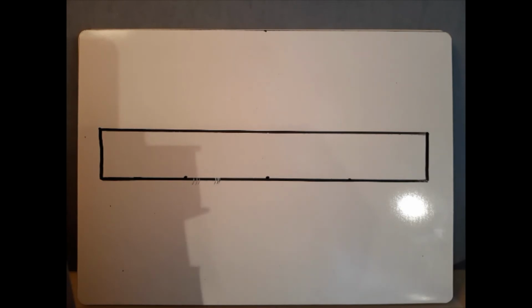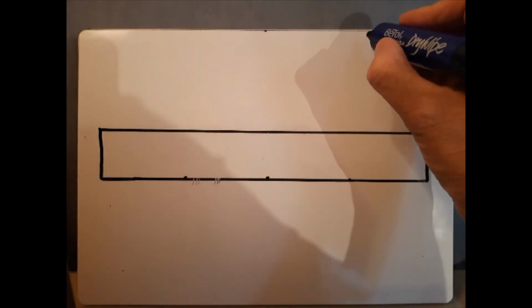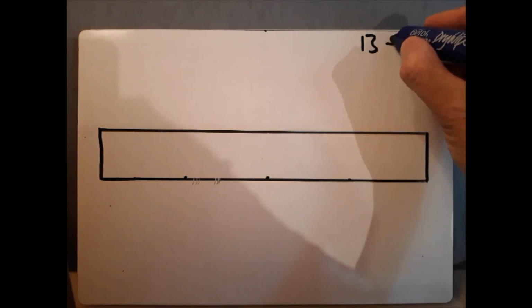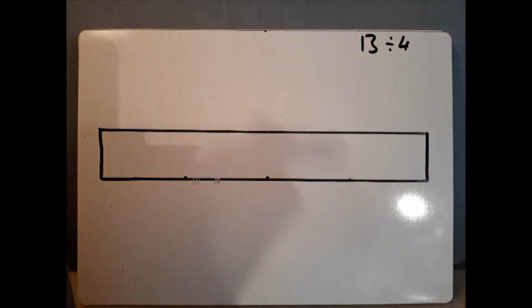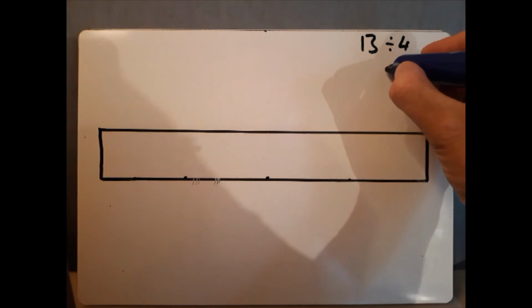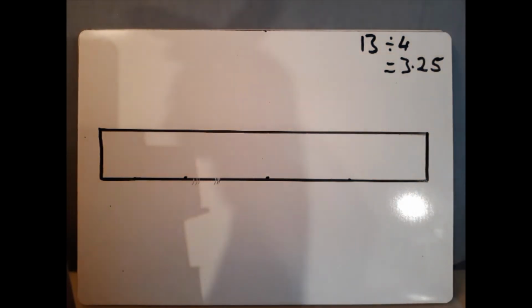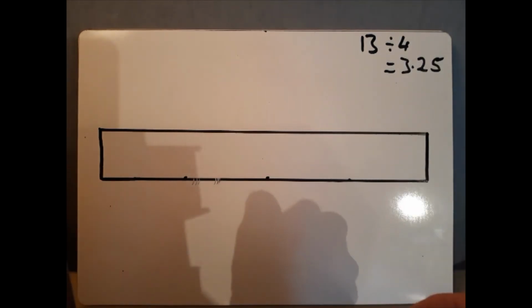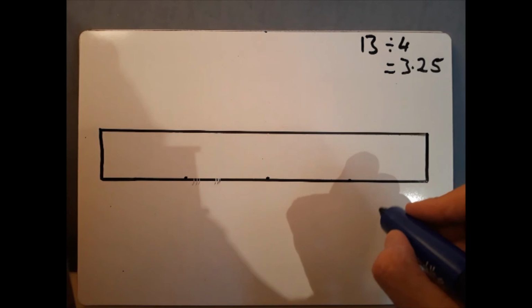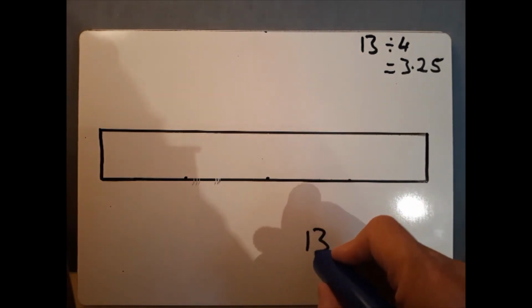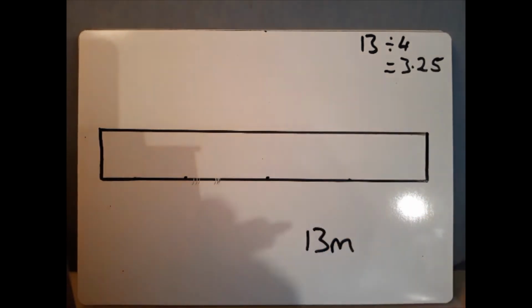Right, we're back to thinking about the context of that question, where we're still doing 13, we're still dividing it by 4, but we want the answer this time to be 3.25. That's the one that we're looking for. So I have thought about our 13 as a piece of wood, and this piece of wood is 13 meters long.